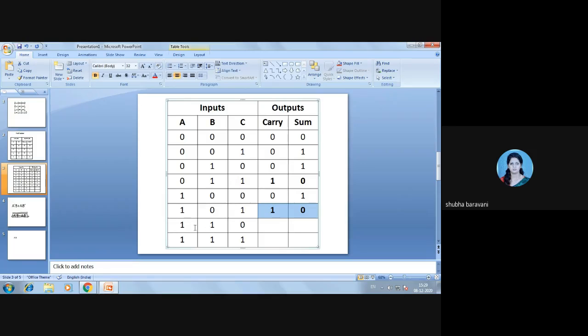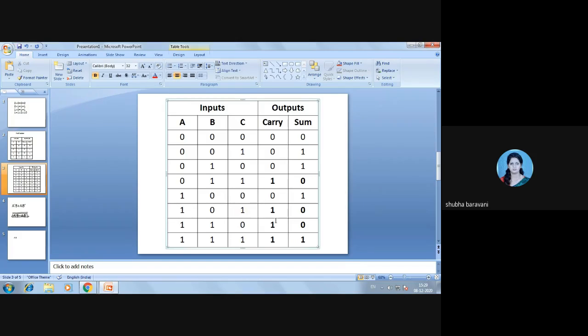Similarly, 1 plus 1 is 2, 2 plus 0 is 2, and 2 is represented as 1 0. Now 1 plus 1 is 2, 2 plus 1 is 3. 3 we represent as 1 1.